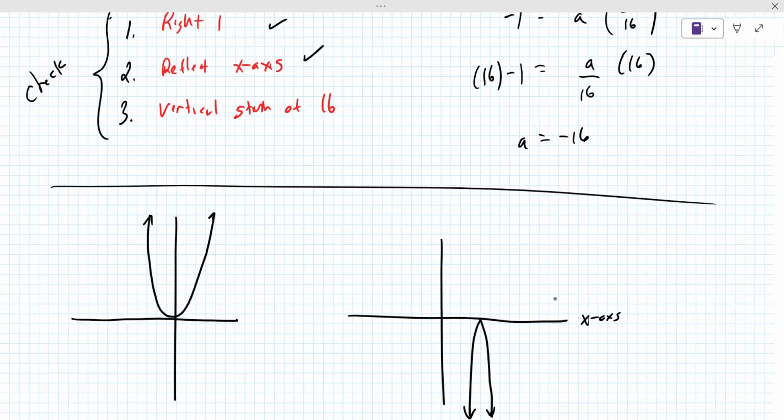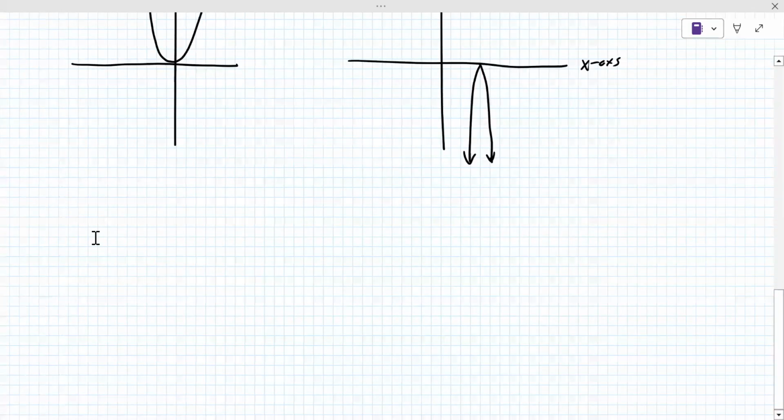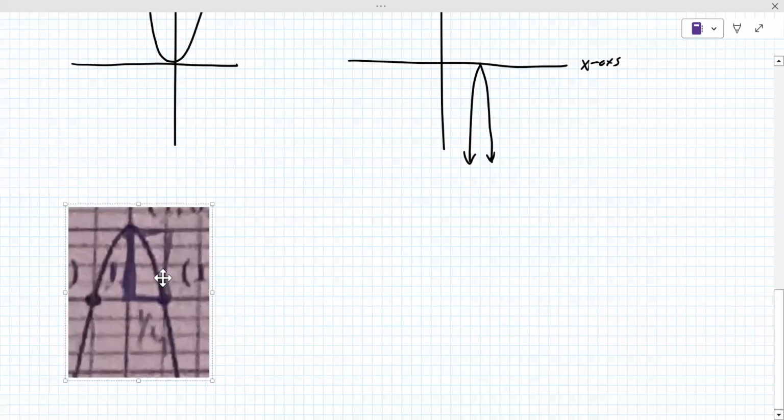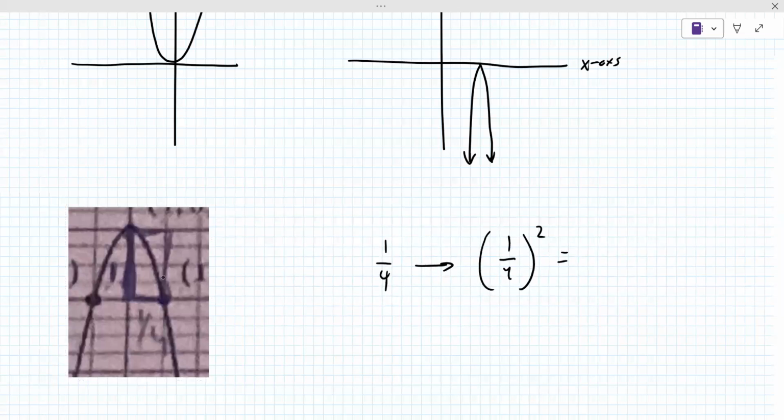So that's where, if you zoom in on your picture, let me actually zoom in on this and snip it. You kind of are showing it here with this 1/4 business that you've got written down. So this 1/4 width, when you square it, becomes the 1 over 16, which is the reciprocal of 16.